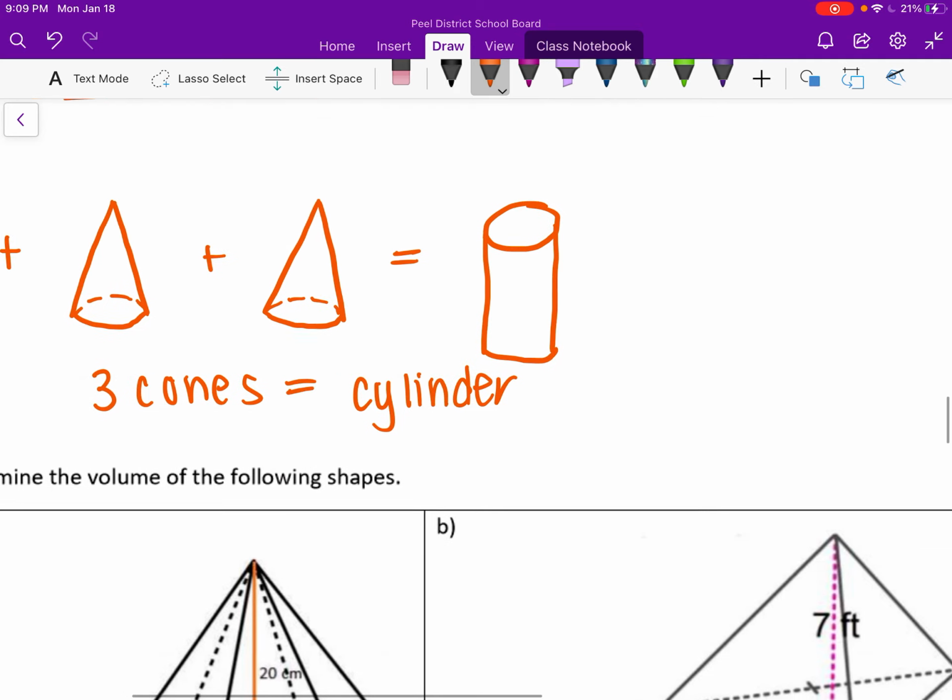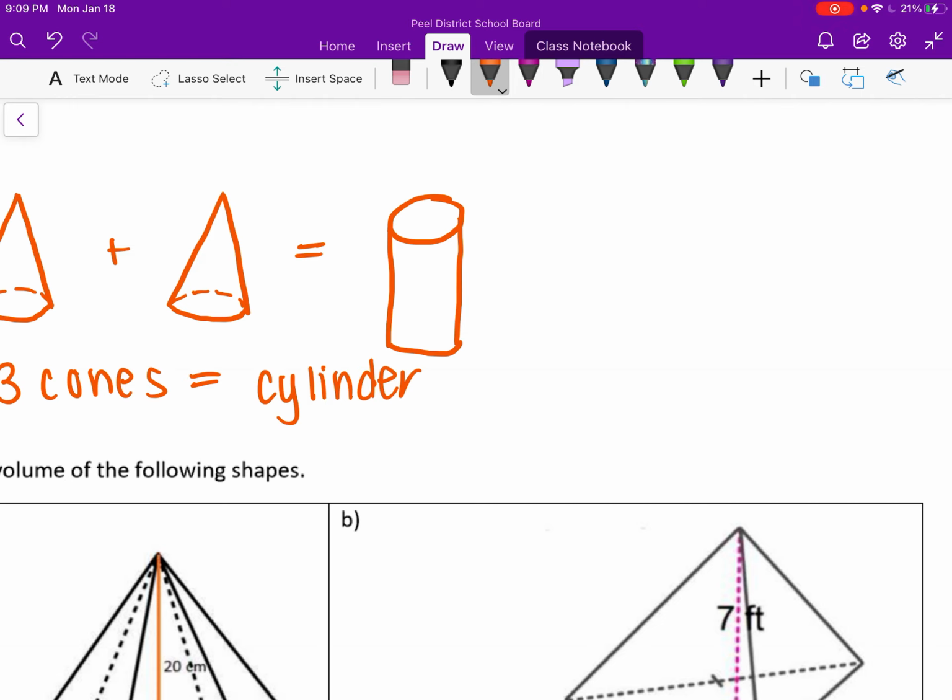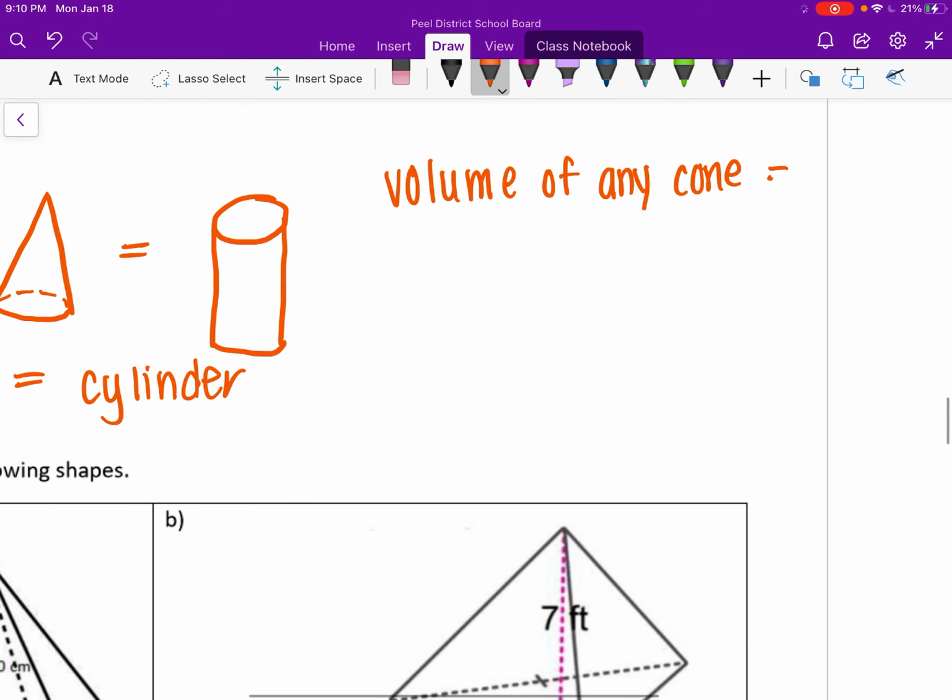So it's safe to say that the volume of any cone is equal to the area of its base times height, which is just the volume of the cylinder or the prism, or the pyramid or the cube, divided by 3. Right?